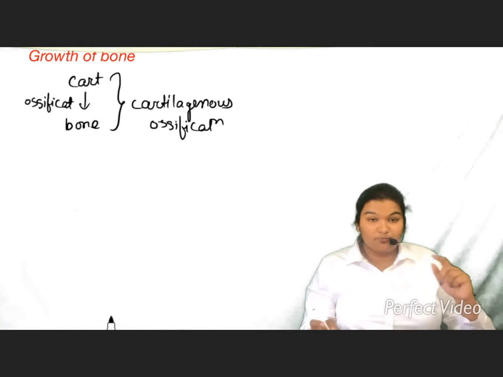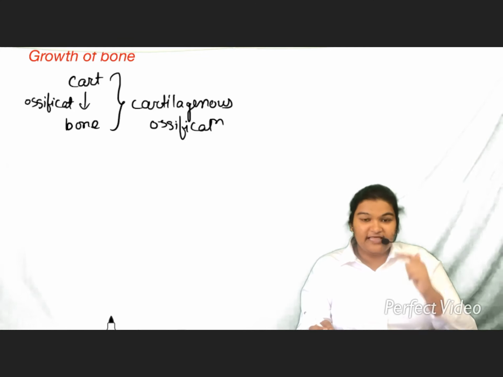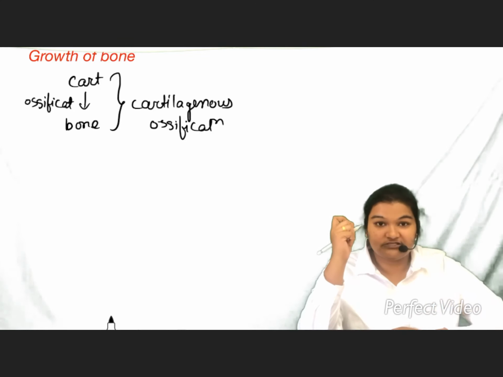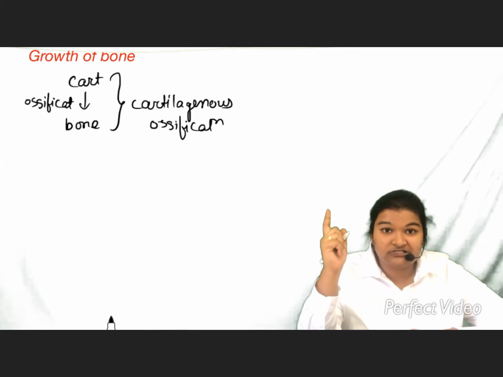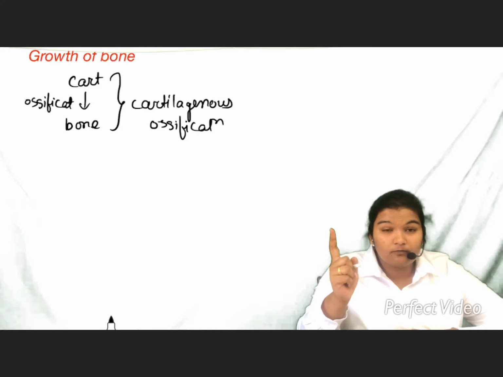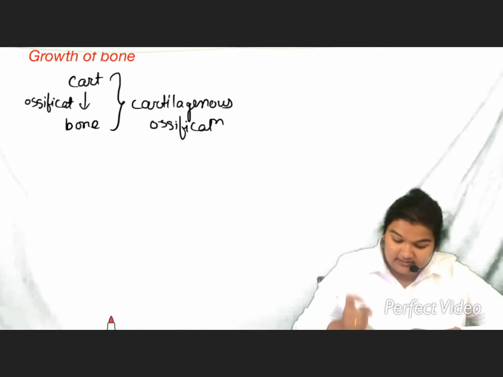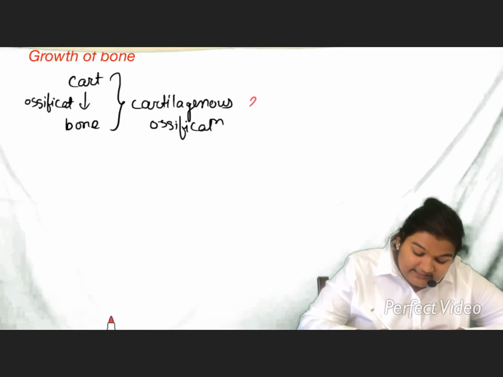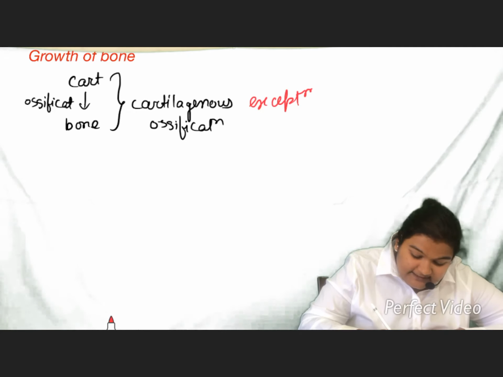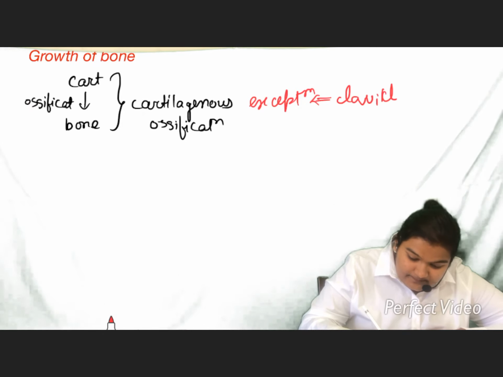The cartilage undergoes ossification and then we get bone. There is an exception. One long bone is not formed by cartilaginous ossification, and that is the clavicle. So let us write the exception: clavicle.